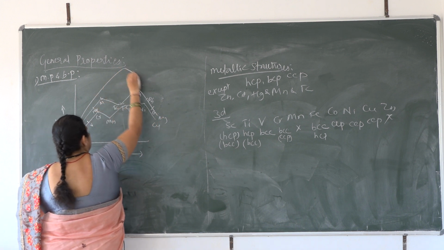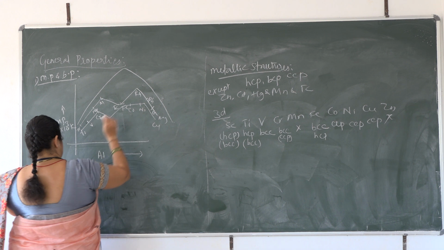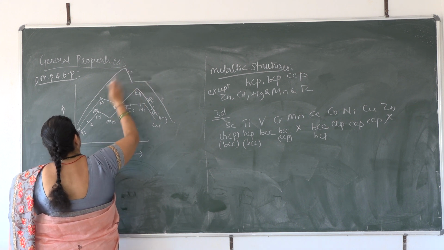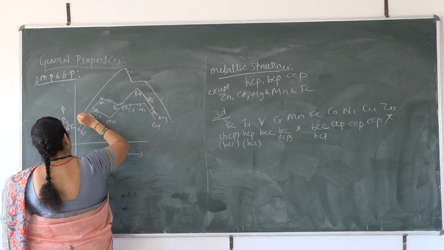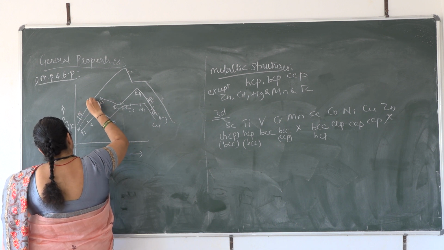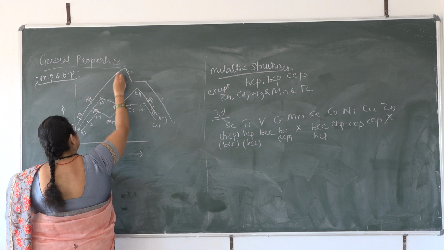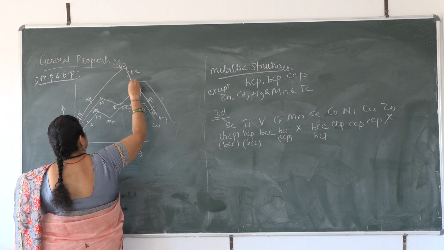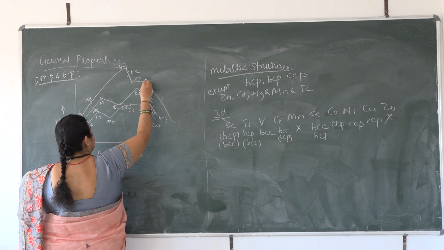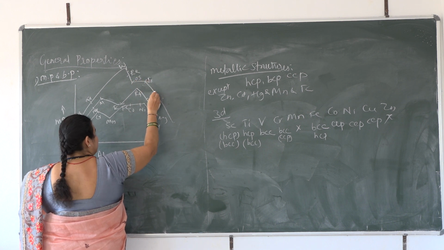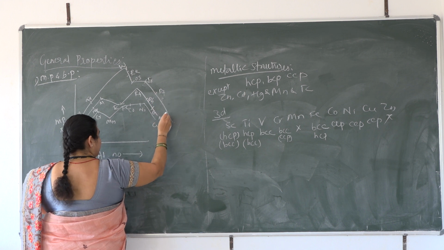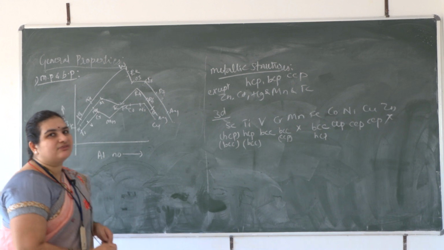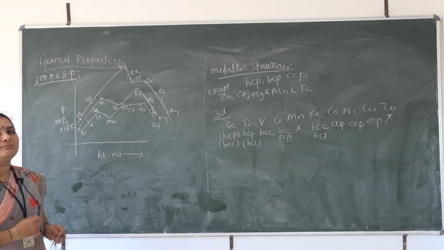Similarly, hafnium, tantalum, then tungsten, rhenium, osmium, iridium, then platinum, Au. This is just the trend followed in the melting point or boiling point.